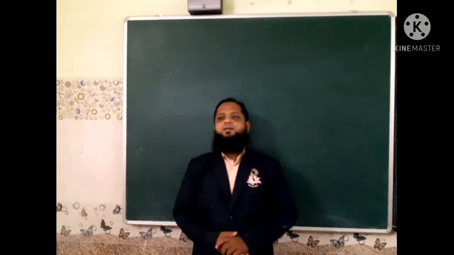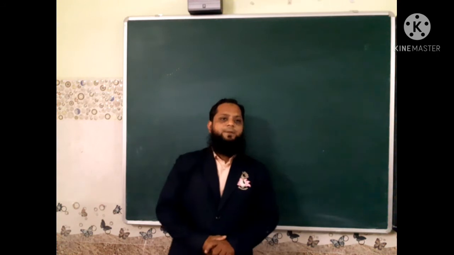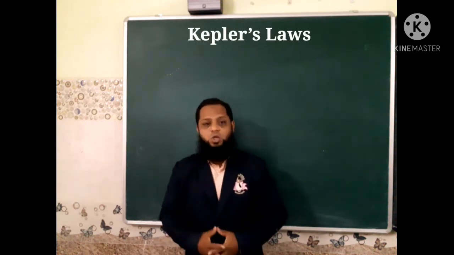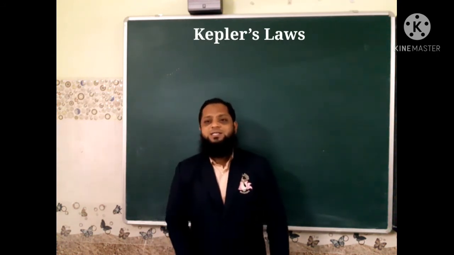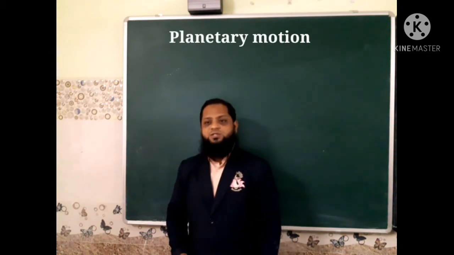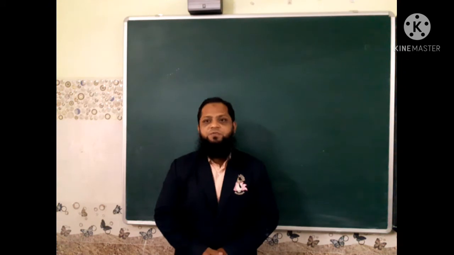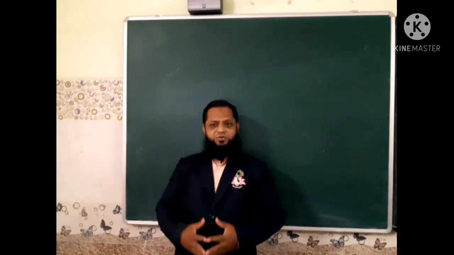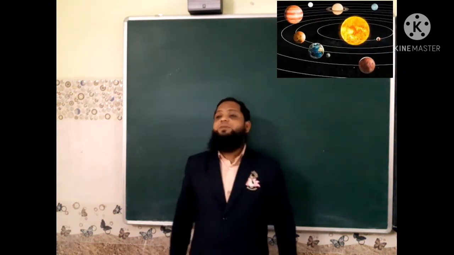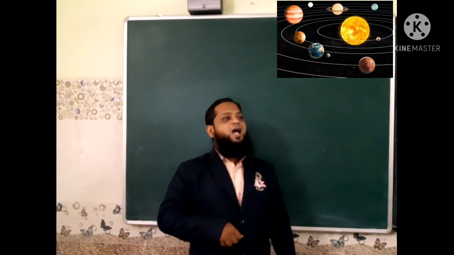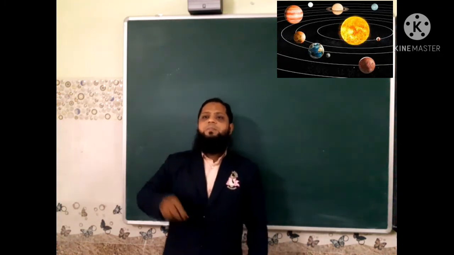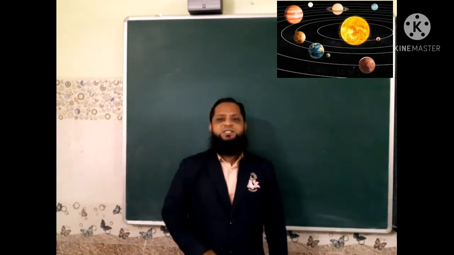Dear children, now we are going to learn about Kepler's laws, which are also called the laws of planetary motion, observed by the astronomers. Before Galileo, all observations of the planets' positions and motions were made with the naked eye.